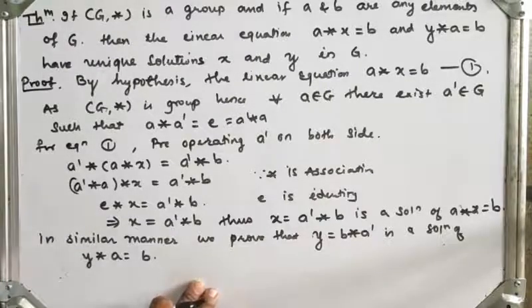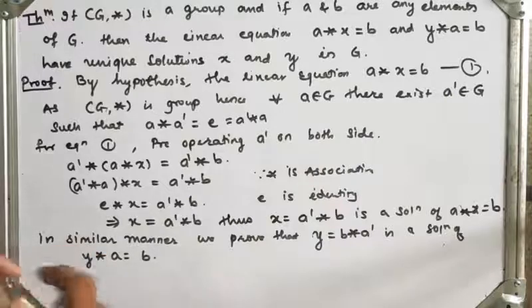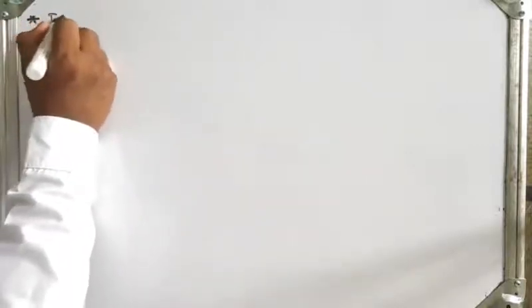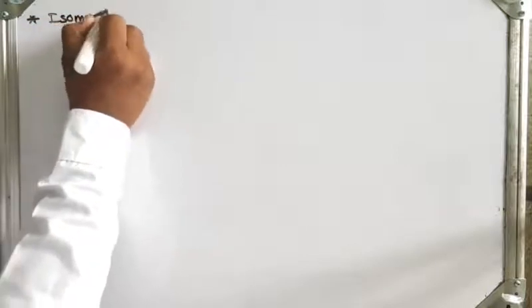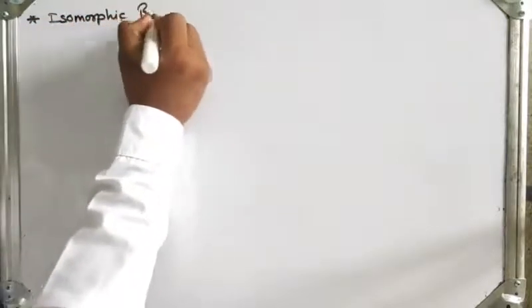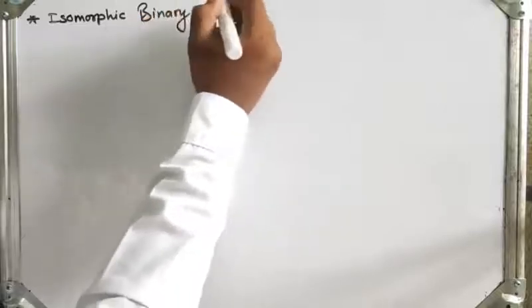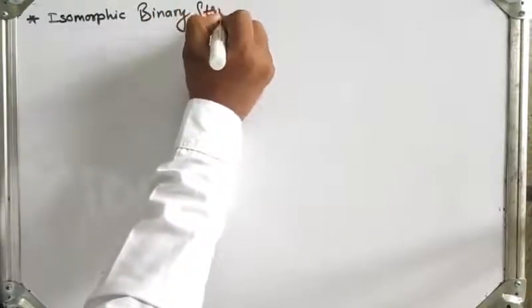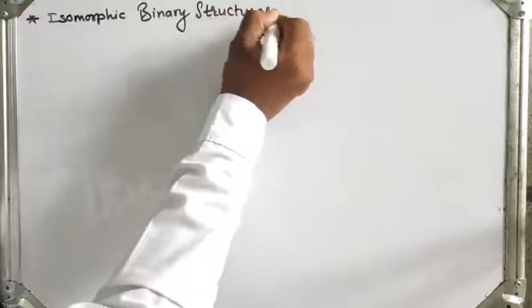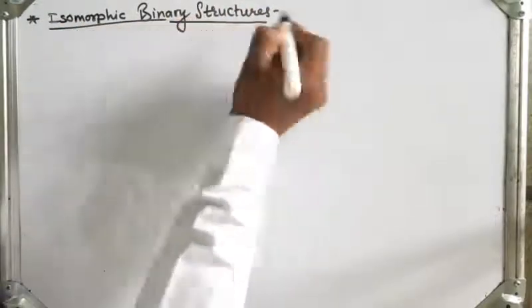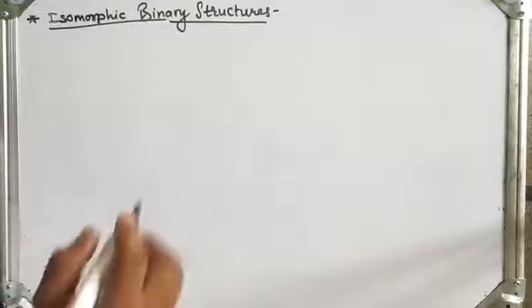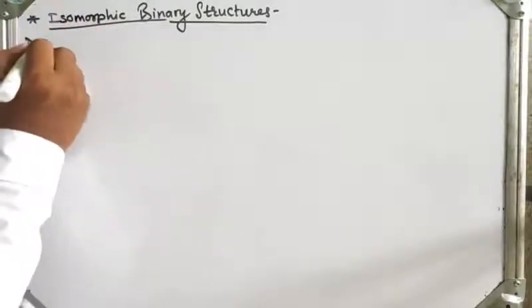Now next we will see binary structures, which are isomorphic binary structures. First we will see the definition of isomorphic binary structures.